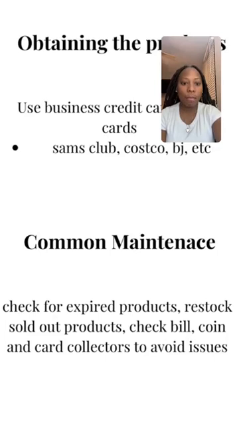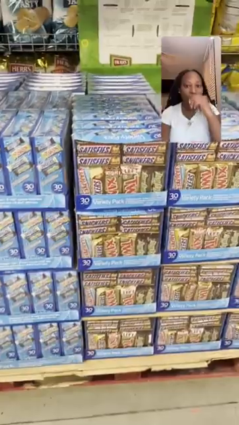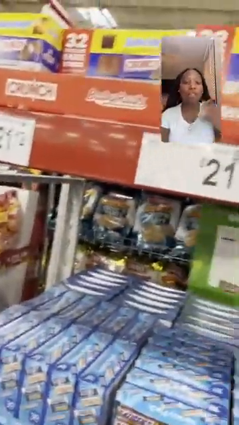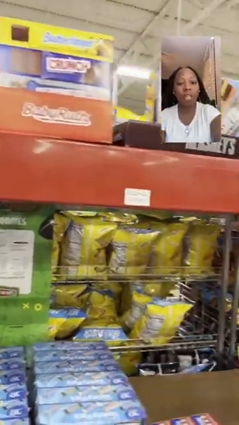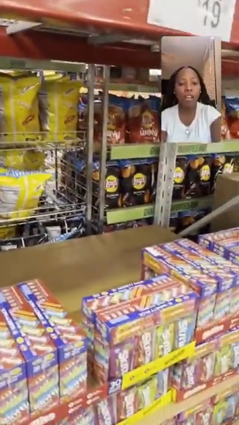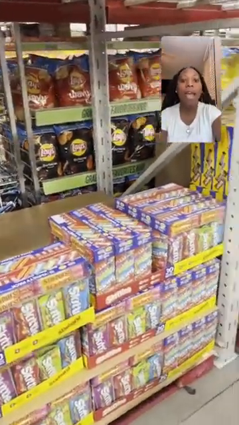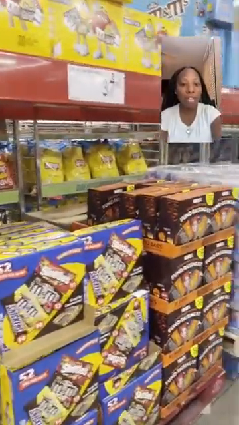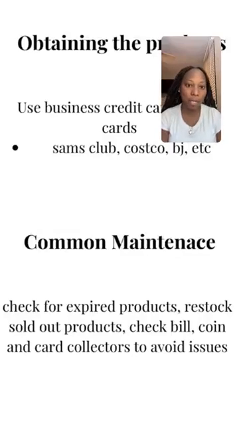Let me see if I can pull it up. So here you hear they have candy bars on top of candy bars on top of candy bars. They have chips, sodas, waters, gum. Anything that you need for that vending machine, you can find it in Sam's Club.